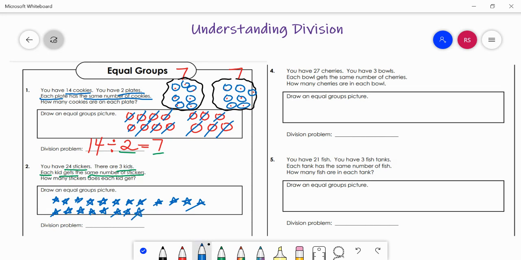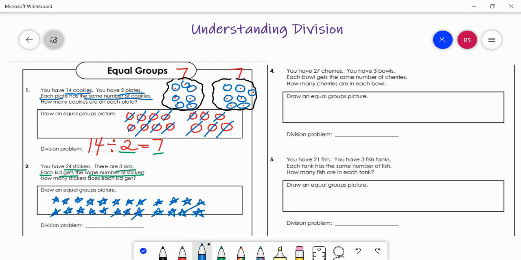Keep going until we get 24, 21, 22, 23, and 24. Okay, so I have 24 stars written down. You should have 24 of something written, whether you did stars or circles or squares or triangles.